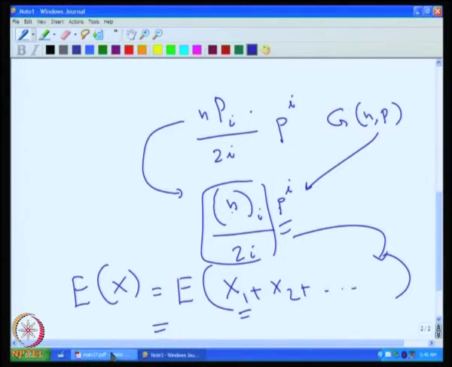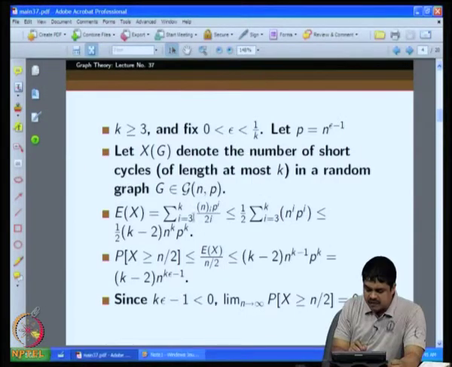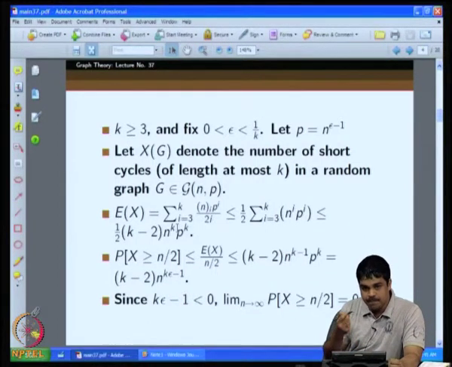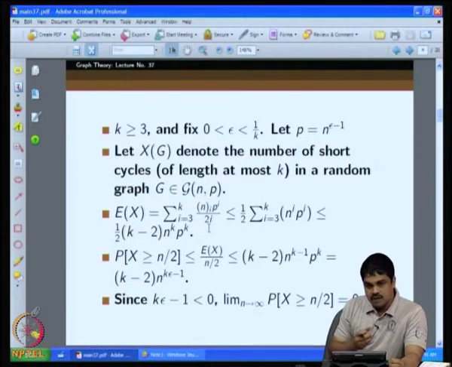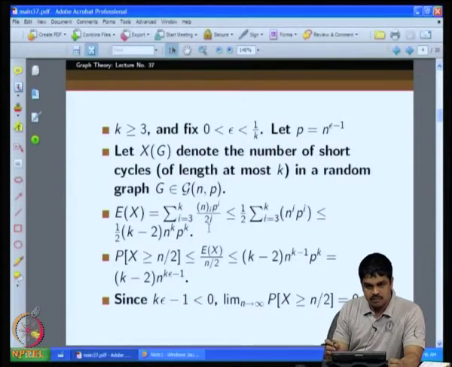But the only difference is here we have to consider all lengths from 3 to k. It is not just one possible length, we have to consider all the lengths up to k, that means 3, 4 up to k. So, that is why we are summing up.